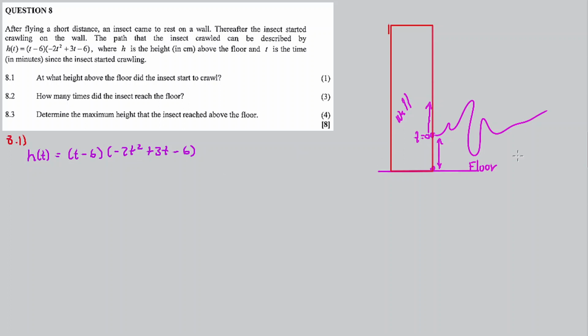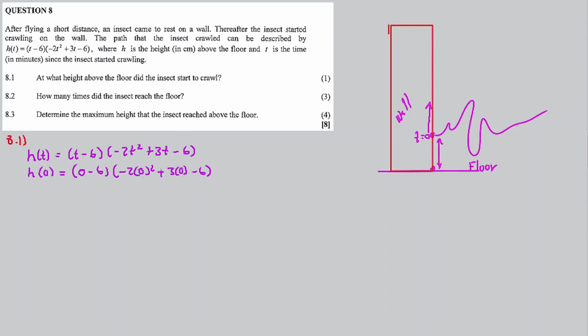So in other words, we substitute 0 for t in 8.1, because t is 0 when the insect is just starting to crawl. We want the height above the floor at which the insect started to crawl. At t equals 0 the insect is starting to crawl.